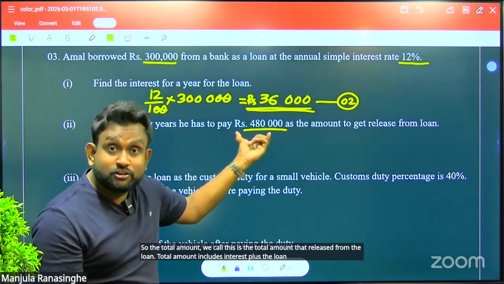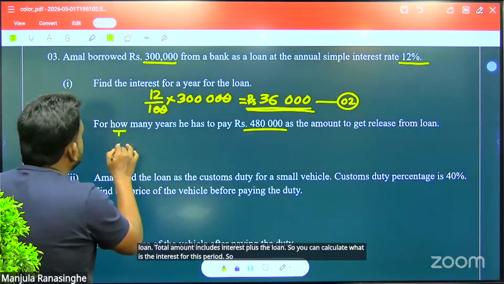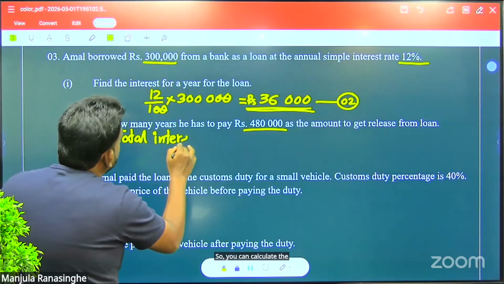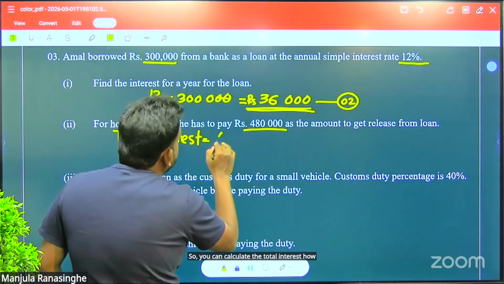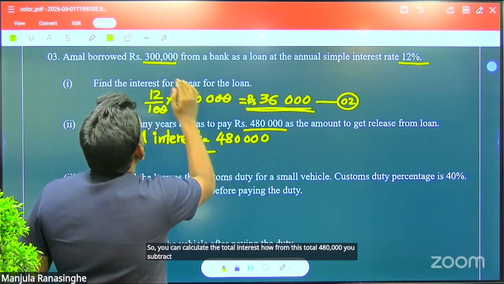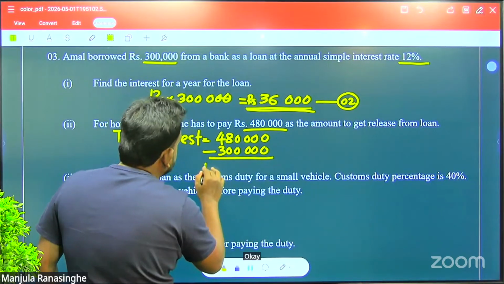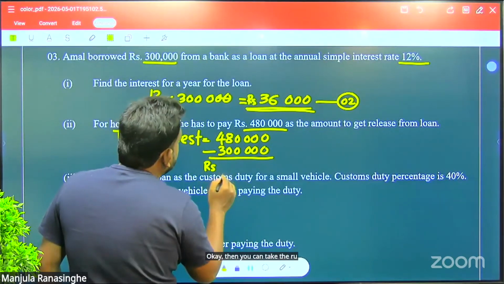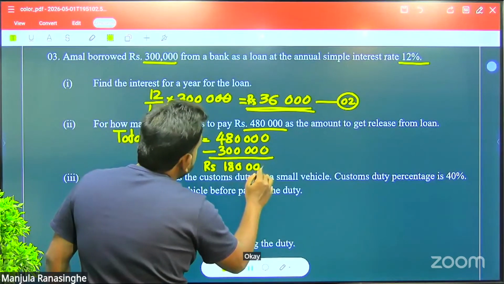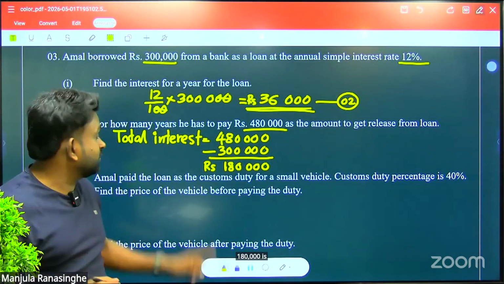So how to calculate the total interest? From this total 480,000, you subtract the loan. What is the loan? 300,000. Then you get rupees 180,000. 180,000 is the total interest.